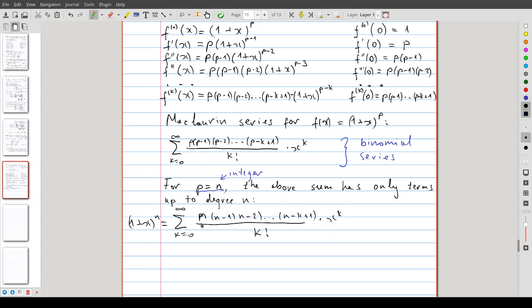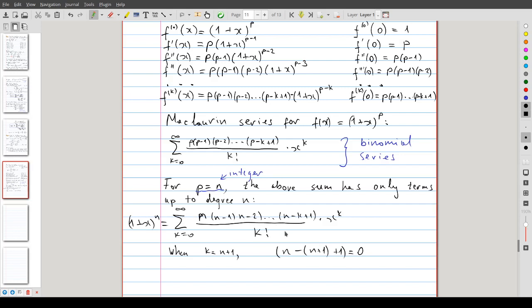And in fact, as soon as k is equal to n plus 1, this product contains a factor like this, n minus (n plus 1) plus 1, which is equal to 0.